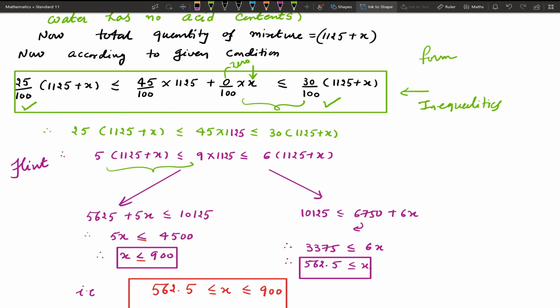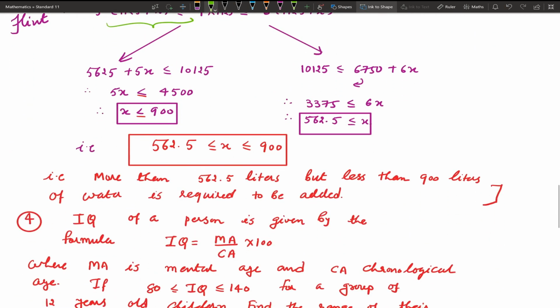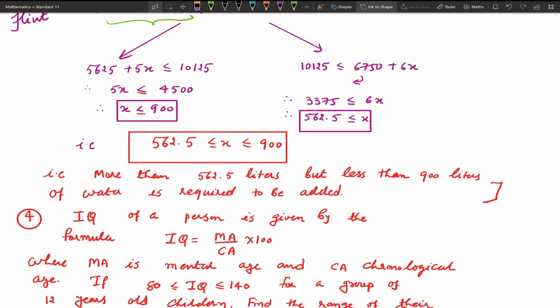So using 25% to 30%, we have formed the inequality and solve this inequality for x. So we get the range for x, and so the conclusion is more than 562.5 liters but less than 900 liters of water is required to be added.